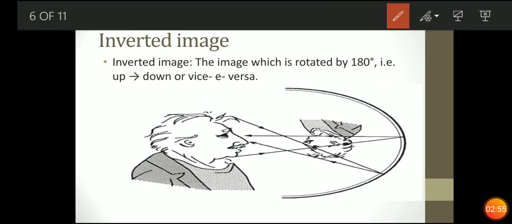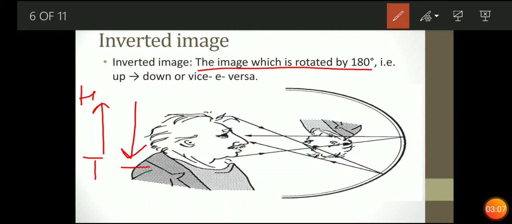An inverted image means the image which is rotated by 180 degrees. 180 degrees means, suppose you are standing upright, your head is above and toe is below. So when you see in the mirror, you will see the head at the bottom and toe at the top. So it is known as inversion by 180 degrees, meaning rotation by 180 degrees.